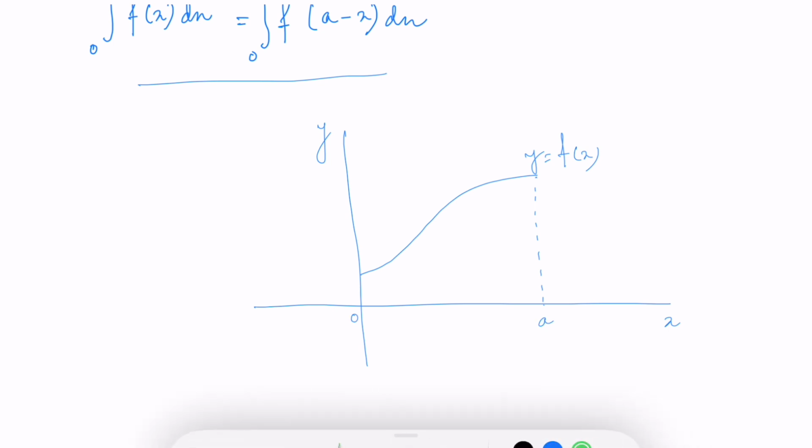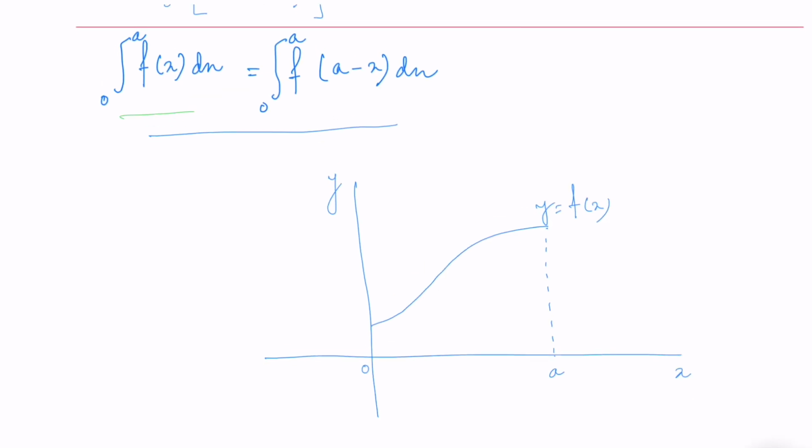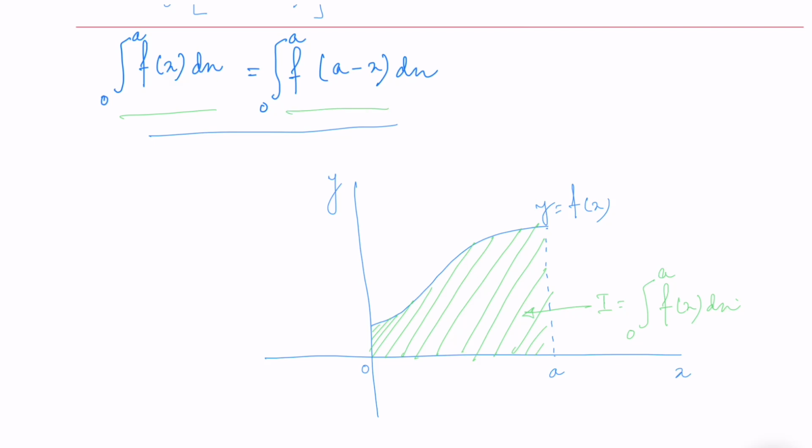Then I can conclude that this integral is the same as this area here, right? So this essentially is I equal to the integral from 0 to a of f of x dx. Now let's see what f of a minus x is.